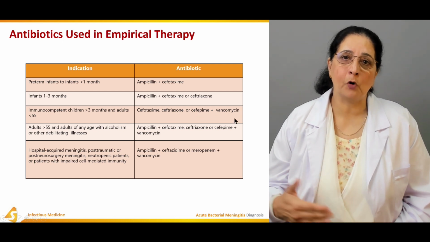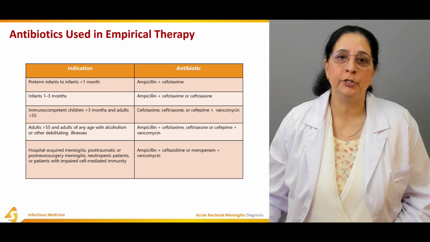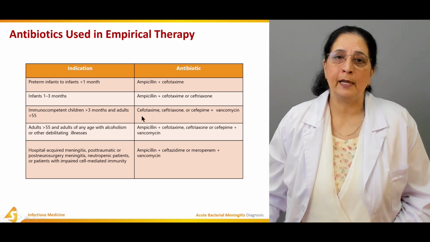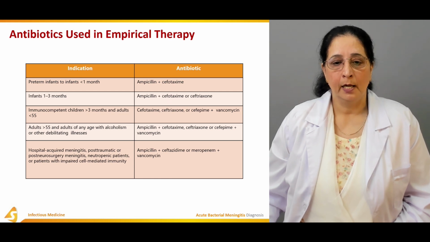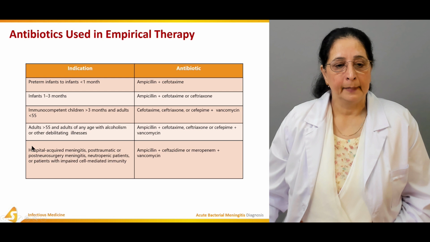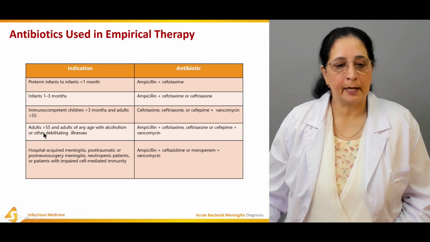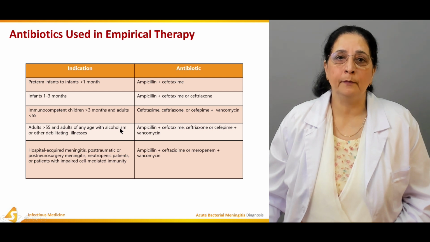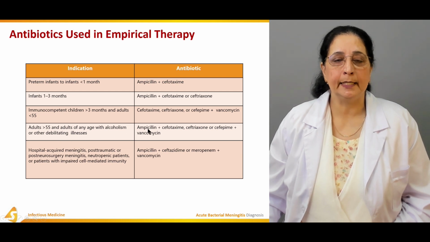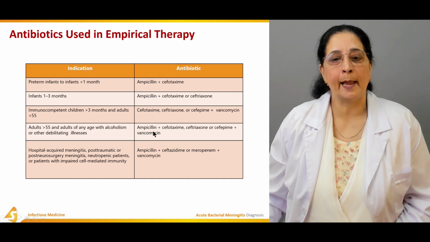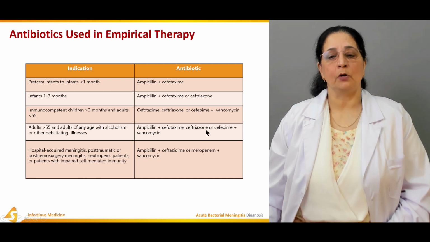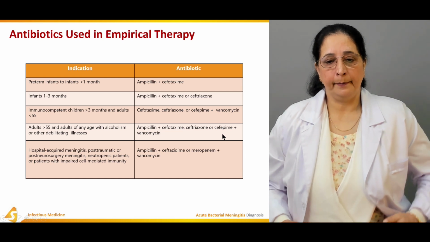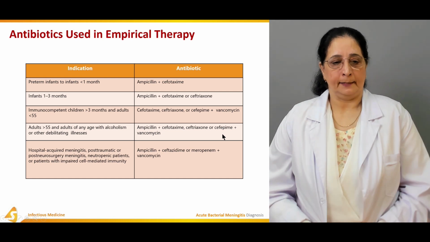So these are some common antibiotic therapies used, and if you notice, cephalosporins are very commonly used, like ceftriaxone, cefotaxime. For adults more than 55, and adults of any age with alcoholism or other debilitating illness, we use ampicillin plus cefotaxime, ceftriaxone, cefepime, and vancomycin.